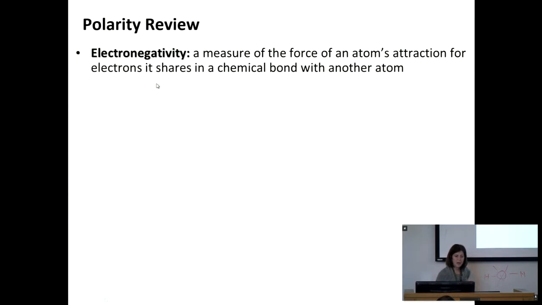So in a polar bond, you have one atom that is more electronegative and one atom that is less electronegative. Which atom is the most electronegative atom? Fluorine. We don't have fluorine in biochemistry, thankfully. Hopefully not. So our nitrogens, our oxygens, sometimes our sulfurs, we call our electronegative atoms.